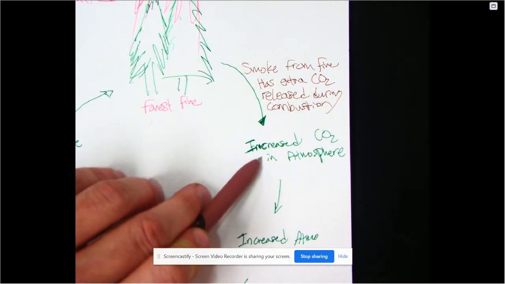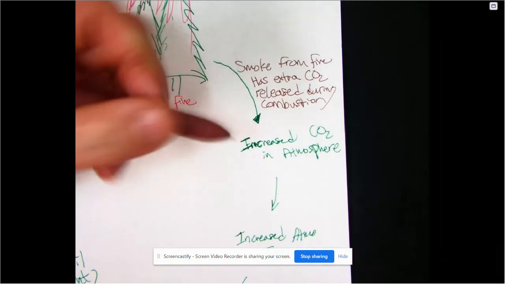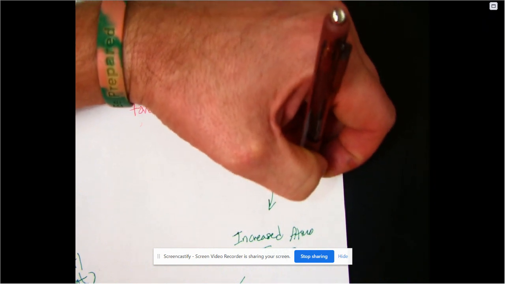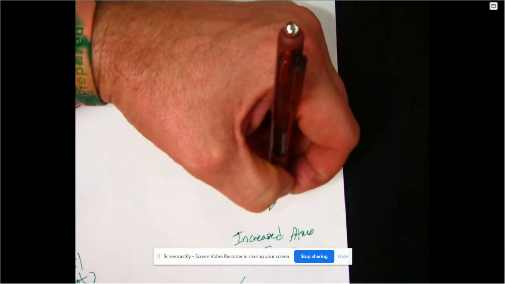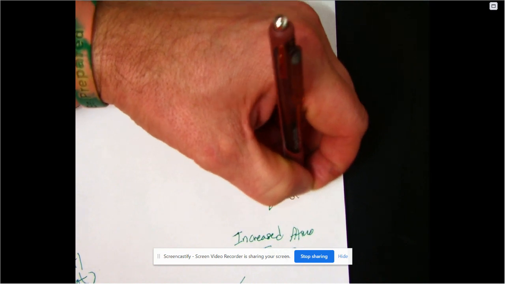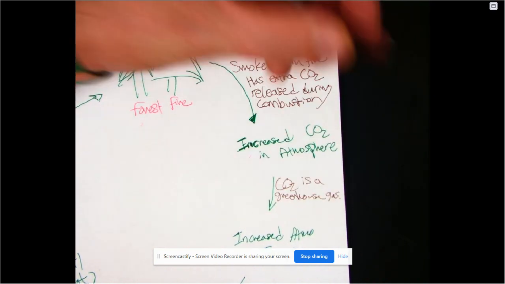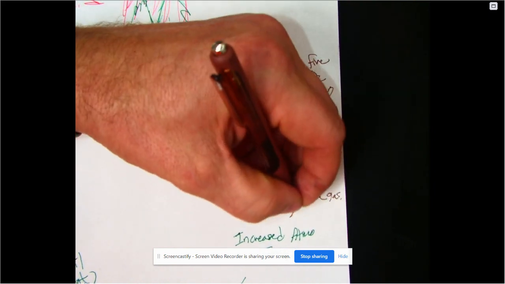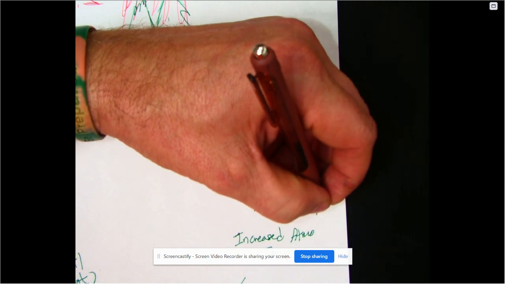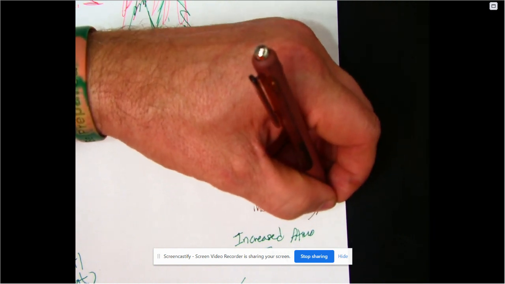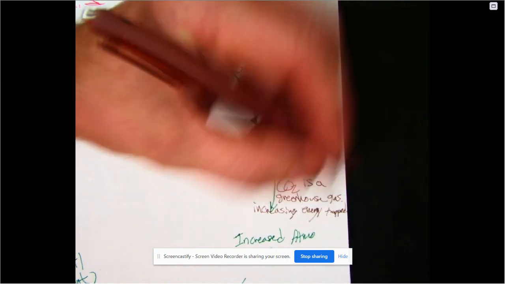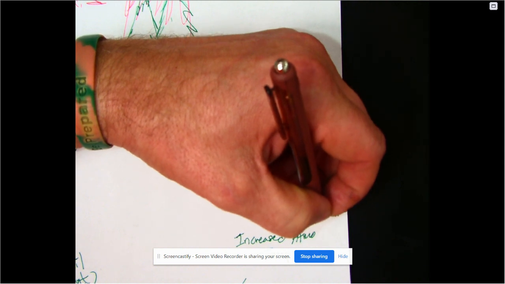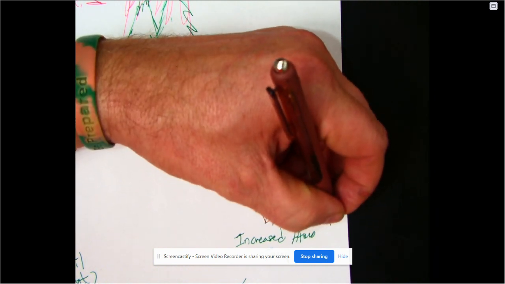How is, I'm sorry, increased CO2 in the atmosphere, how's that going to change the temperatures? So we have CO2 is a greenhouse gas, increasing energy trapped by the atmosphere.